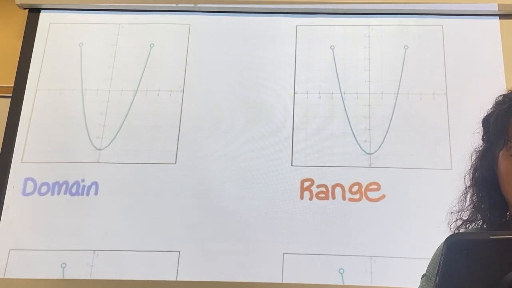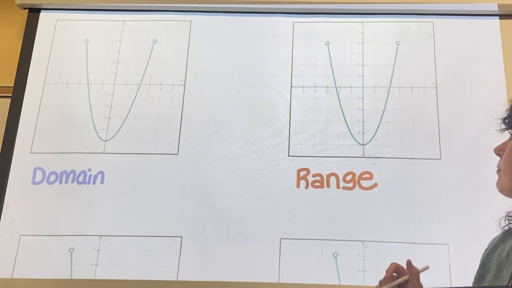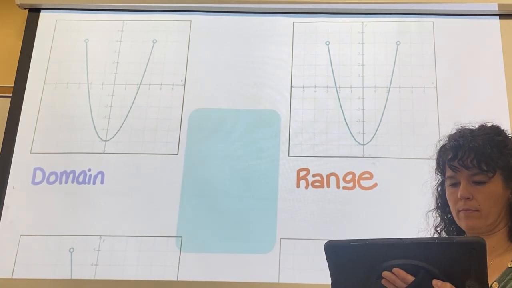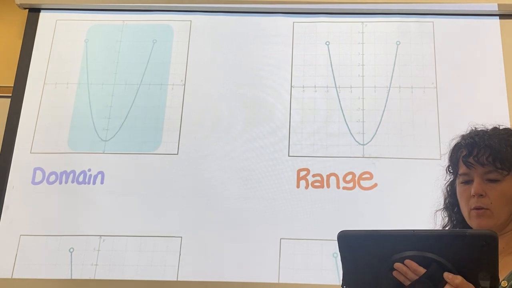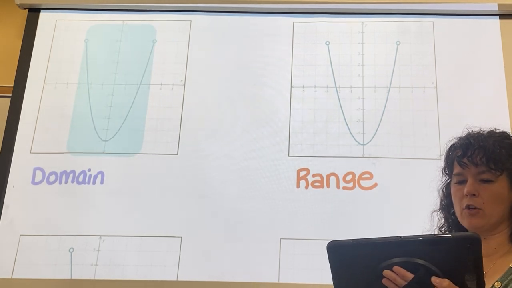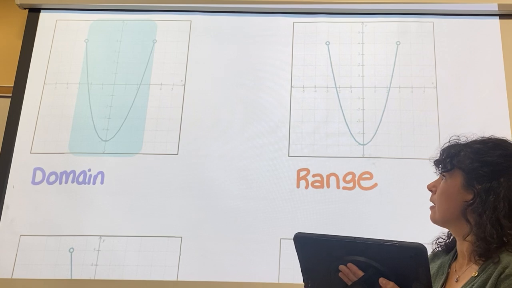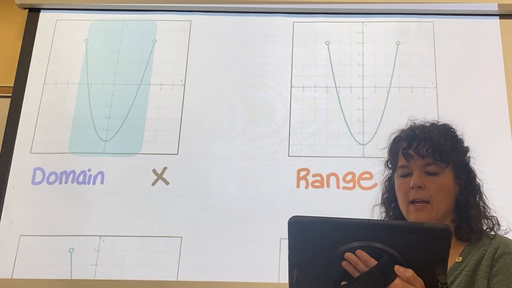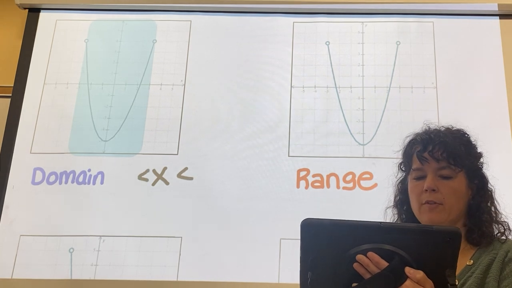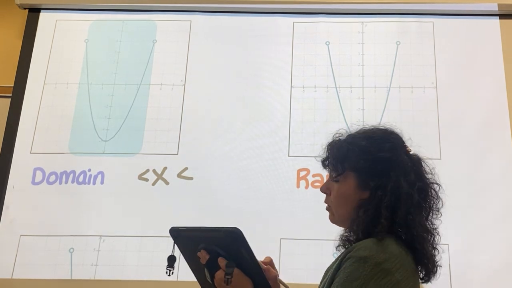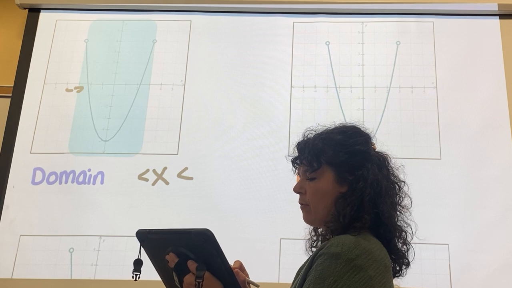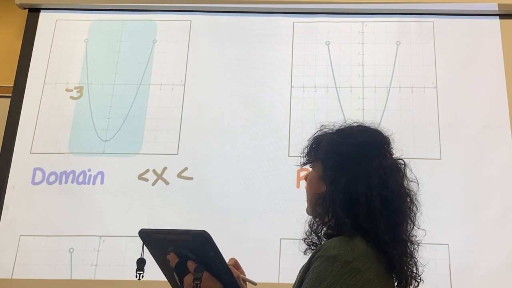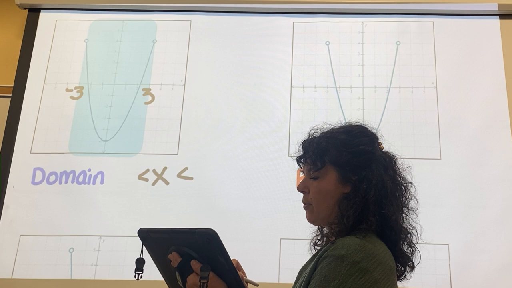Okay, so for this one, we're going to go from left to right for domain. We're talking about x's, and it's sandwiched between a couple of numbers. So the furthest that we can go left is -3, and the furthest I can go right is +3.